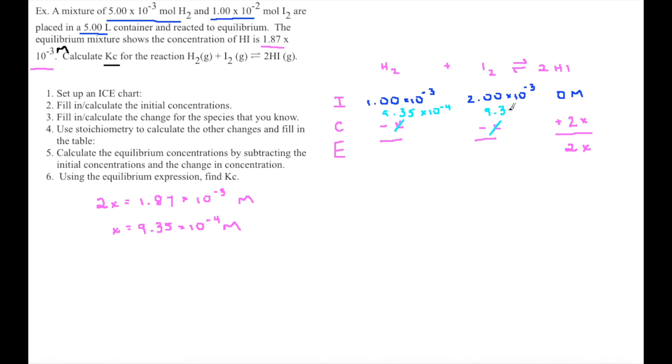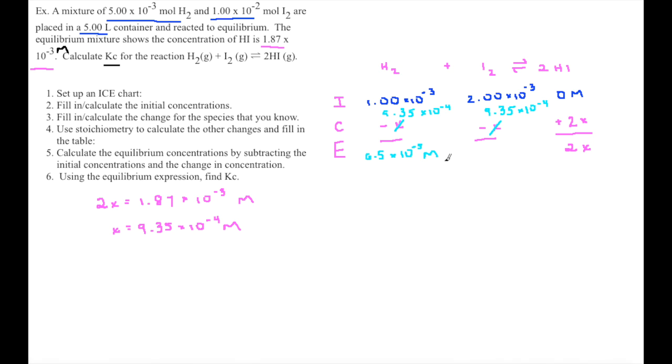And I can calculate the equilibrium concentrations for hydrogen and iodine now. And so what I end up getting for the equilibrium concentration of hydrogen is 6.5 times 10 to the negative fifth molar.